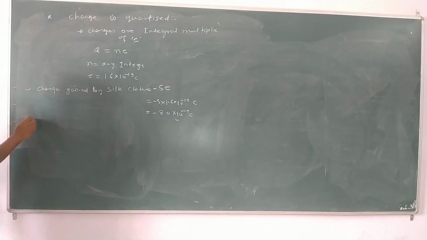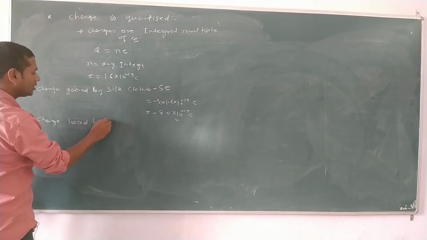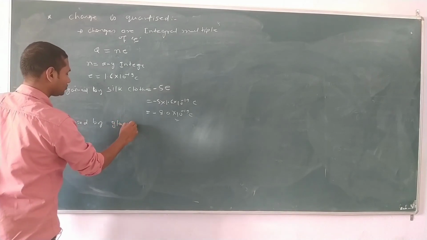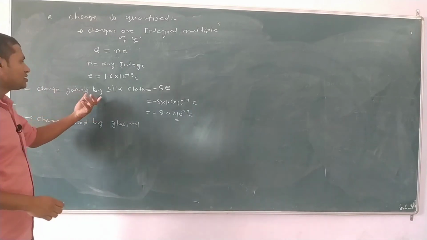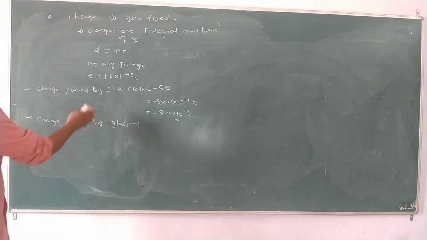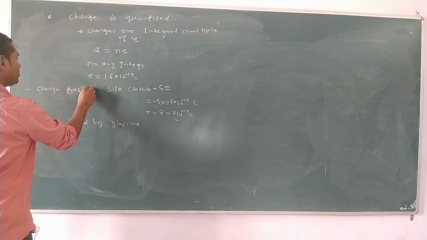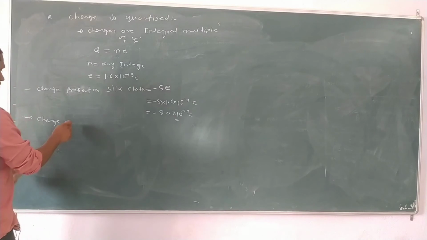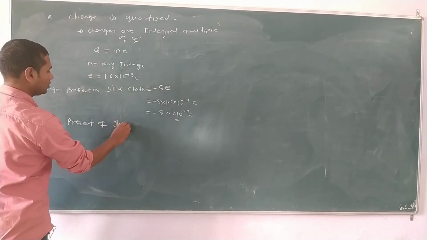Again, the charge lost by the glass rod, or the charge present on the silk cloth and on the glass rod after rubbing.